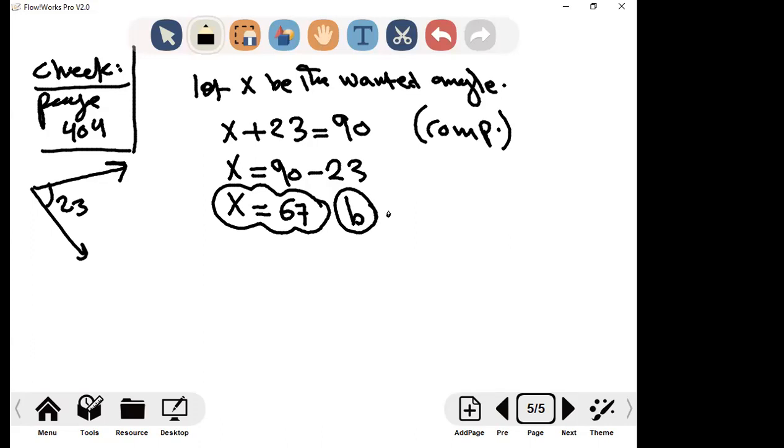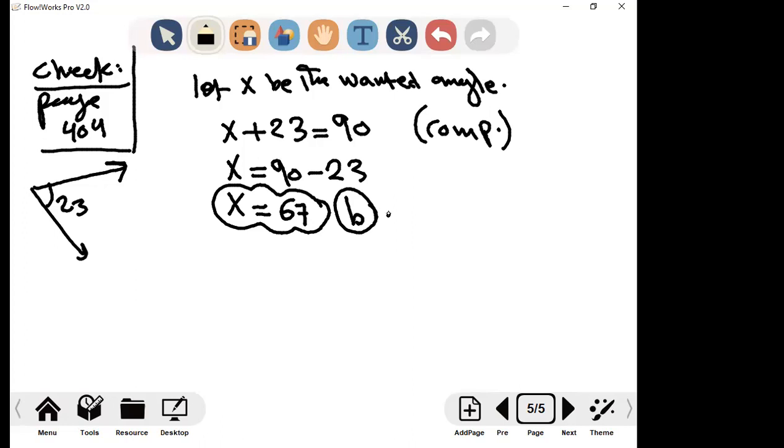I wrote the correct selection. What's the correct selection? B or D? The selection is D. Why select D? Because it's the same. This is 67.